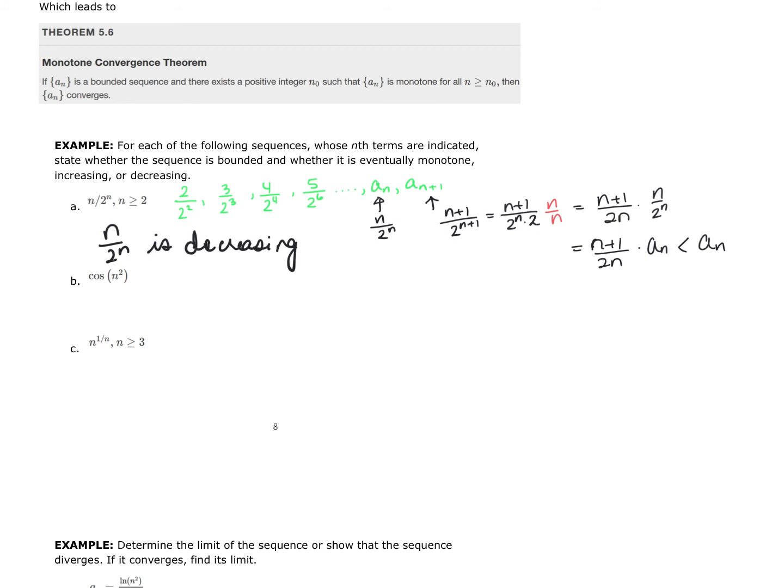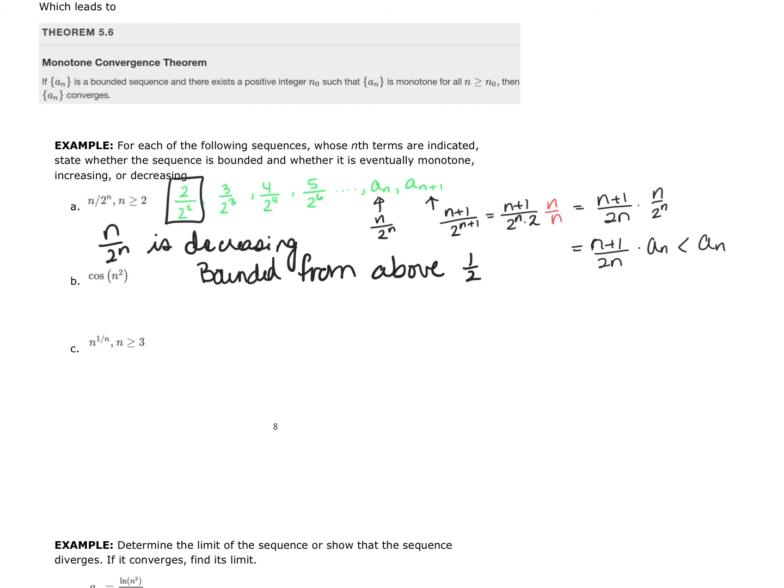Now, the most I'm ever going to have is 1/2, because I am decreasing. The largest number I'm ever going to have is this first term. So I'm bounded from above by 1/2, because that's this very first term.